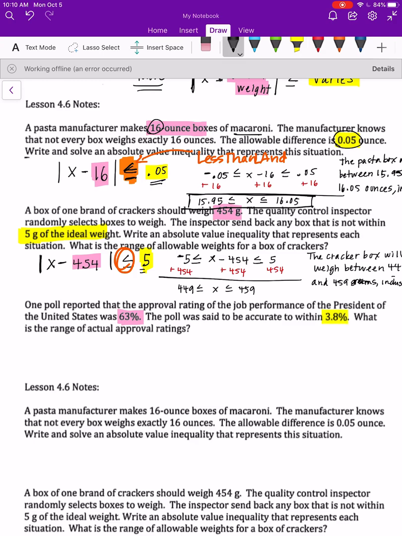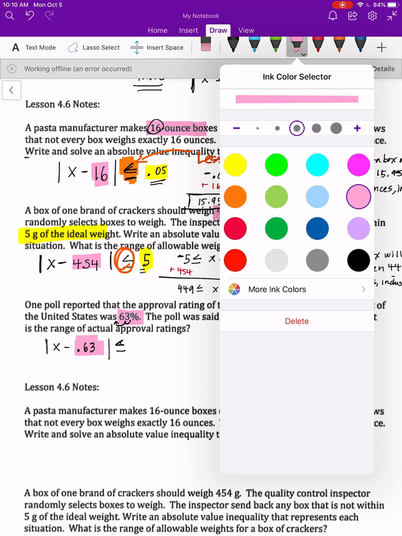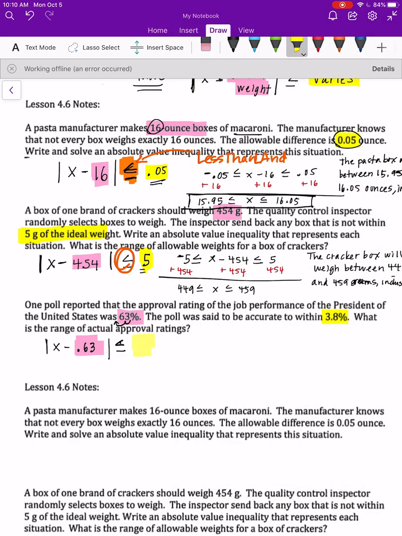Now the only thing you have to know when it is in percent is that you have to change these into decimals. For the actual value, I move the decimal 2 places to the left, so it'd be 0.63, because I can't use it as just a straight-up percent. Then it's less than or equal to, and what it varies by goes here.